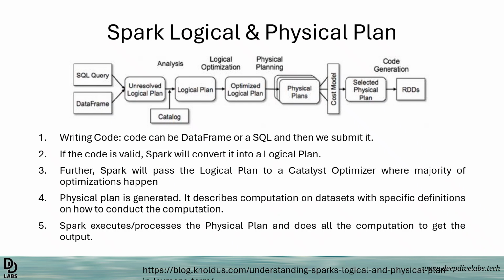Then Spark processes the physical plan and does all the computation to get the output. Once you have the physical plans, there is a cost model which says how much this computation is going to cost, and then a physical plan is selected, and then code generation happens to execute it.